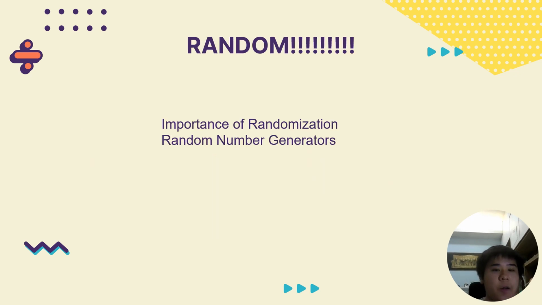Now, this is super important: the importance of randomization. In your AP Statistics exam, when you're designing an experiment, always say that you need to use a random number generator. That's really important. When you're saying that the participants are randomly assigned to different treatments, always use some context related to a random number generator.